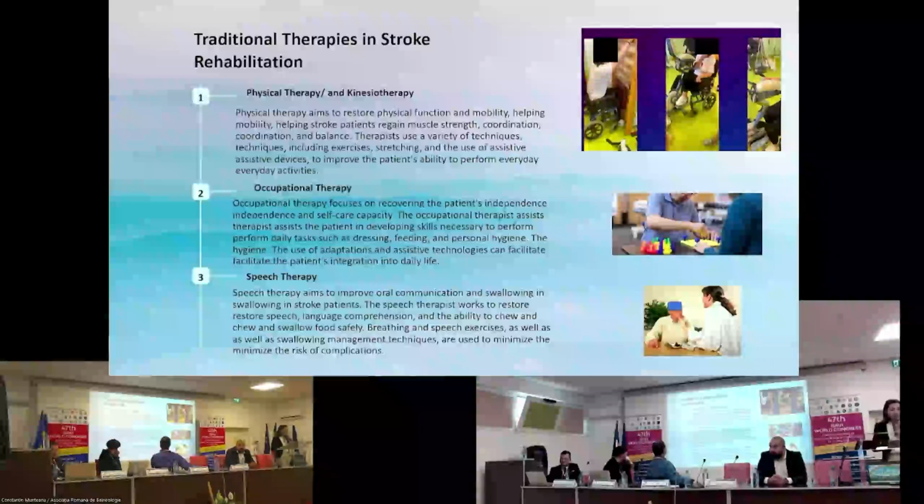Occupational therapists assist the patient in developing skills necessary to perform daily tasks such as dressing, feeding, and personal hygiene. The speech therapy works to restore language comprehension and the ability to chew and swallow food safely. Breathing and speech exercises, as well as swallowing management techniques, are used to minimize the risk of complications.